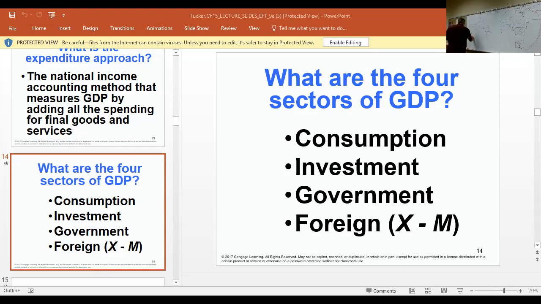And then we go out every year and we calculate how much it would cost to produce that same basket of goods. And then you take the given year's GDP and you divide it by what we call the GDP chain price index.